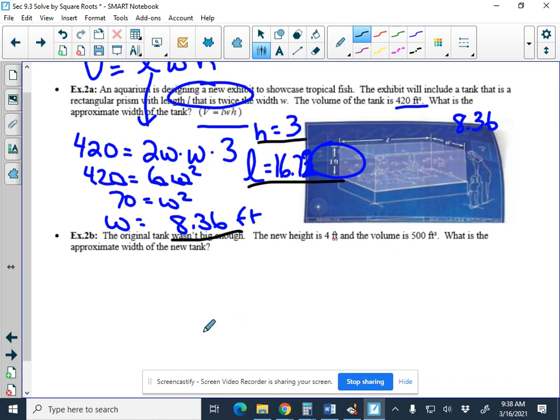The original tank wasn't big enough. The new height is 4 feet, and the volume is 500. What's the approximate width now? Oh. So we're replacing this with 500. We're still having 2W times W, and the new height is now 4.